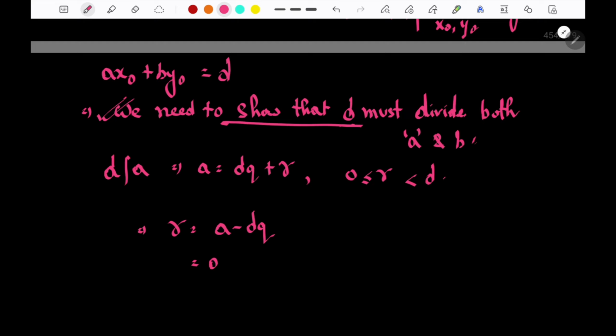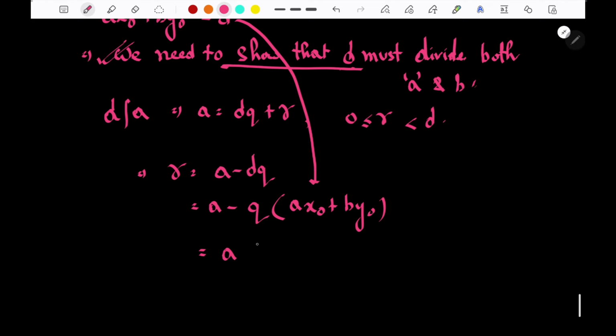What is the value of d? d is ax naught plus by naught. So overall it becomes a into 1 minus q x naught plus b into minus q y naught.